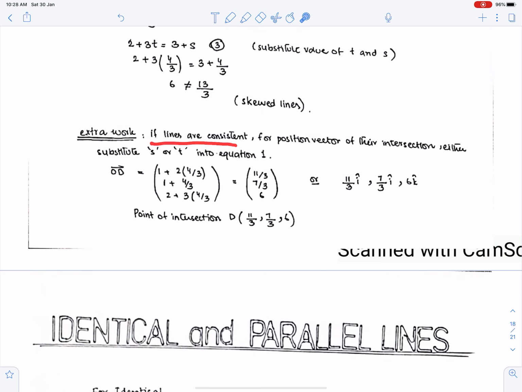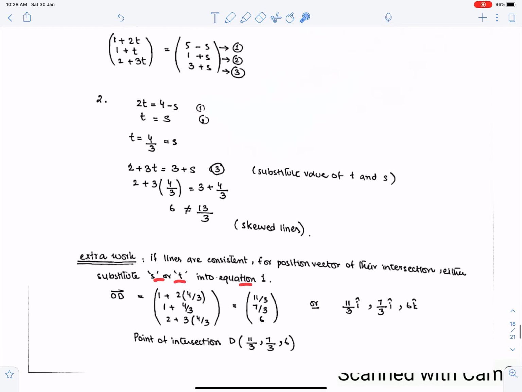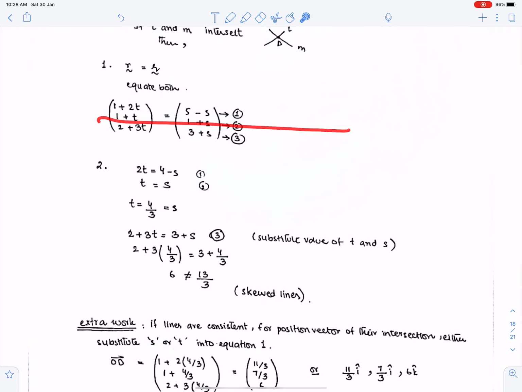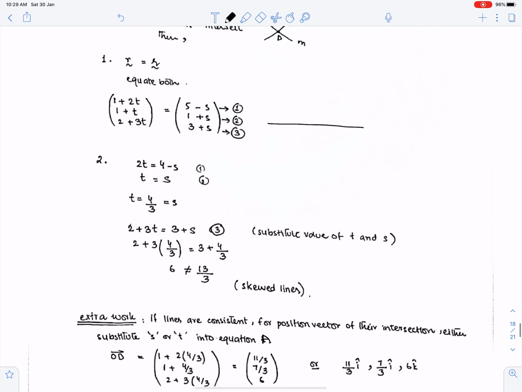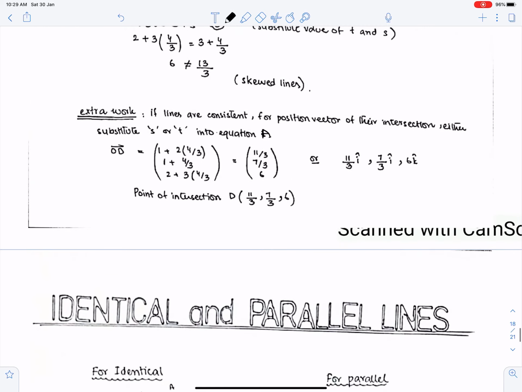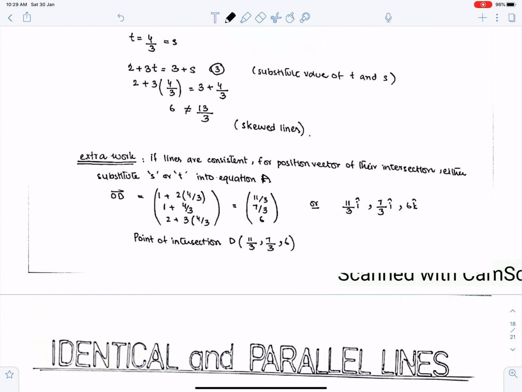If lines are consistent, for the position vector of their intersection, either substitute S or T into equation 1, this is equation 1, or equation A. You can say this is equation A. And this is the position vector of the point of intersection. And if they ask to find the point of intersection, then give your answer in coordinates form.